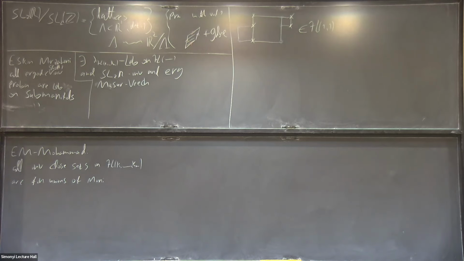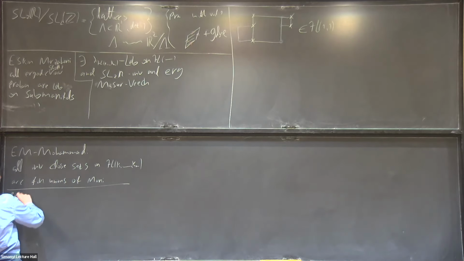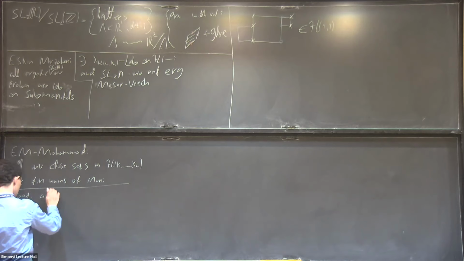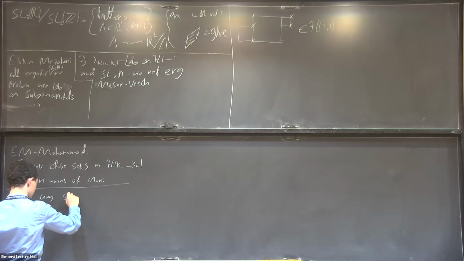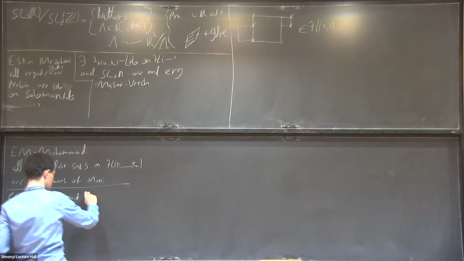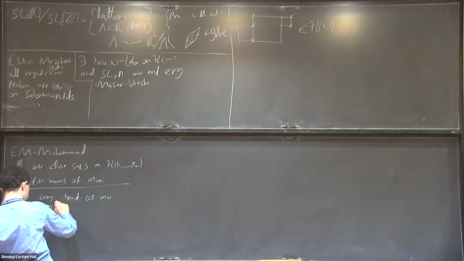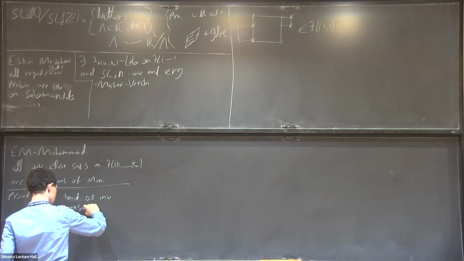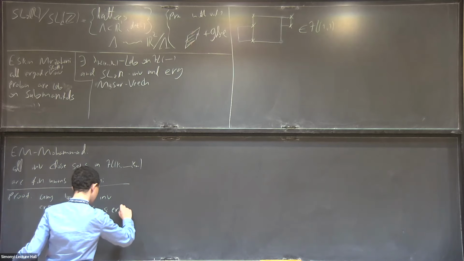And a crucial ingredient of Eskin, Mirzakhani, Mohammadi's proof is that any limit of invariant and ergodic measures is ergodic.